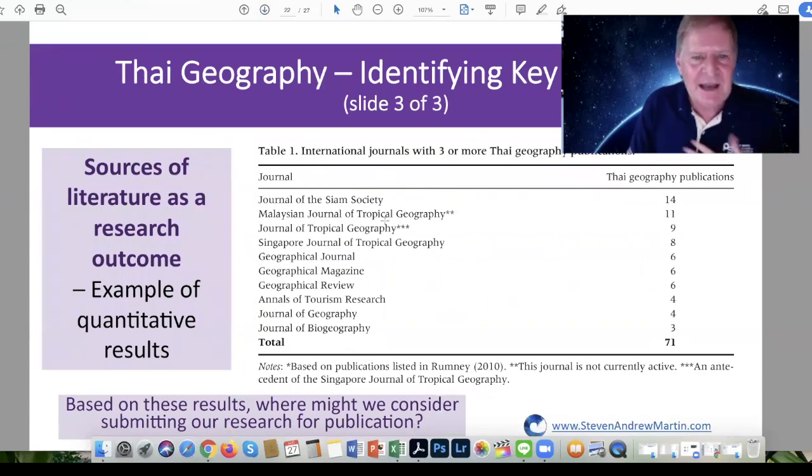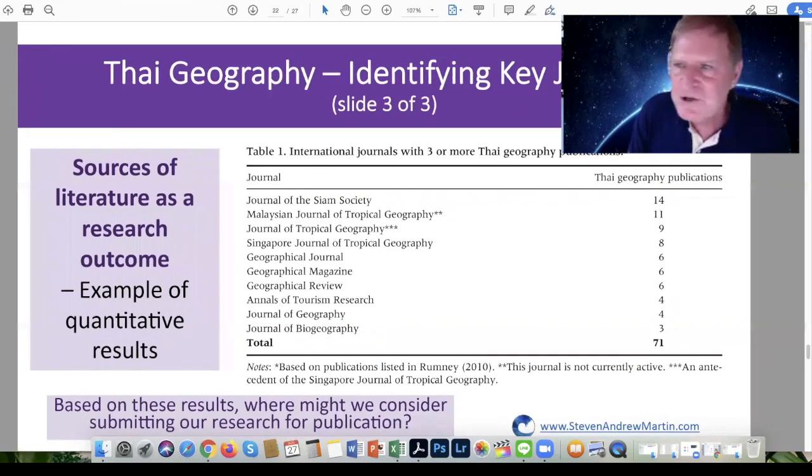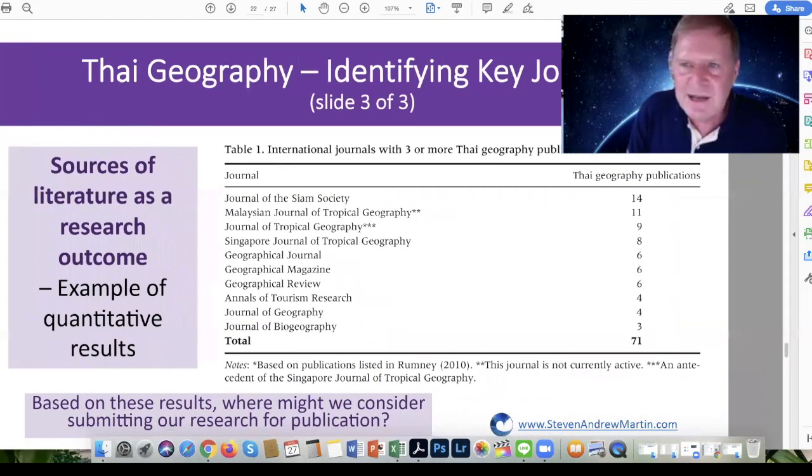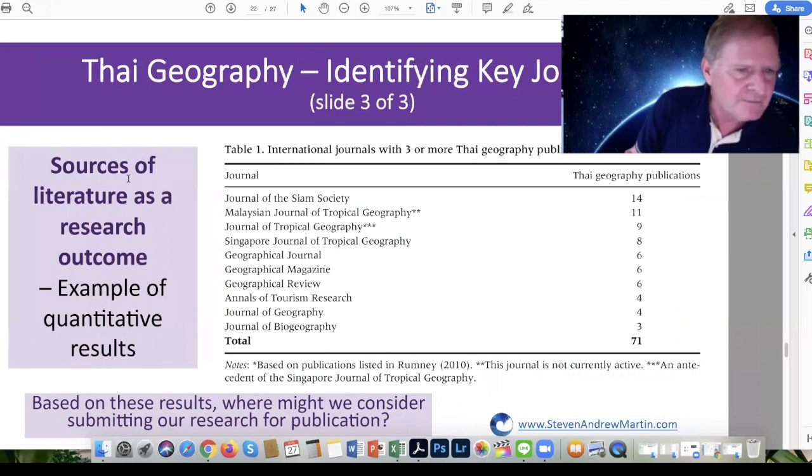So I give one example, like I did for the surf paper, in terms of the quantitative approach, right? I have a number of tables in this paper, and we don't have time to look at them all and talk about them now.